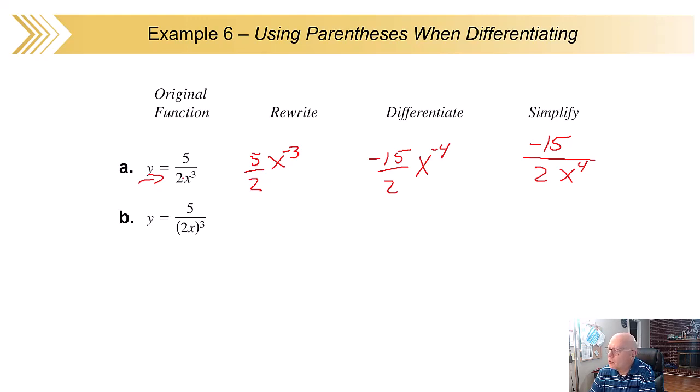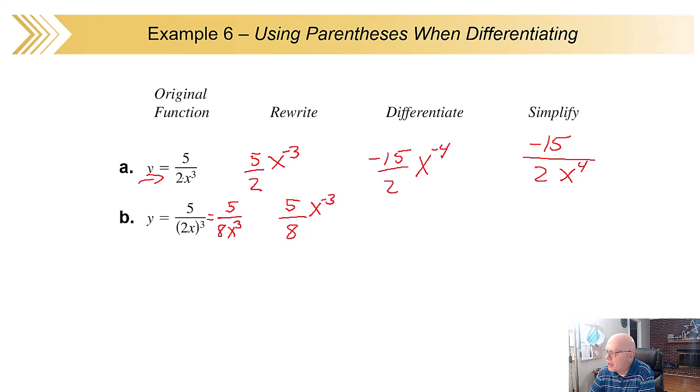First thing we're going to do is multiply this out. 5 is 5. On the bottom, we have to cube this. So it's 2x times 2x times 2x is 8x cubed. Now we're ready to rewrite this. We've got 5/8 and x to the negative 3.